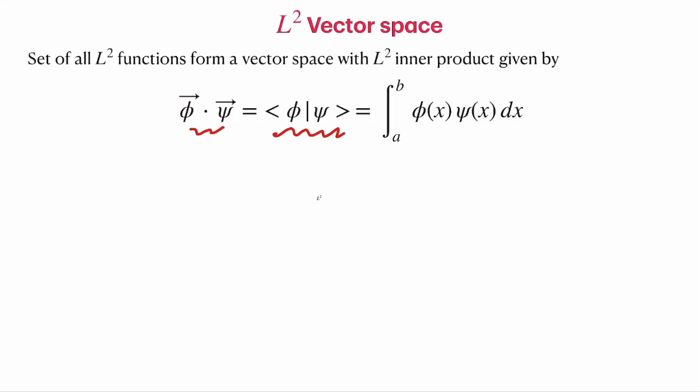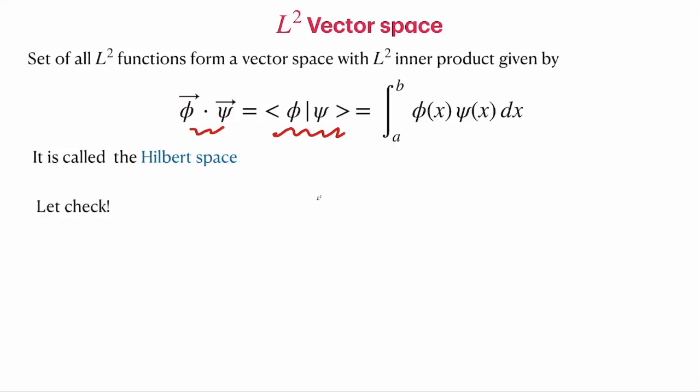That is what we call the dot product of the two vectors phi and psi. Since they form a vector space, we call these functions elements of a vector space. It is called the Hilbert space.